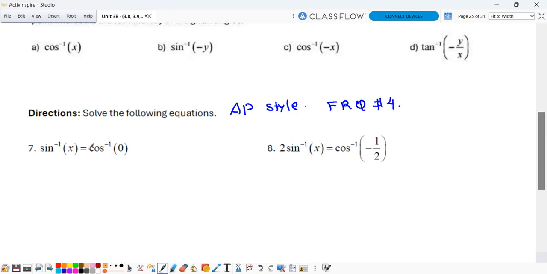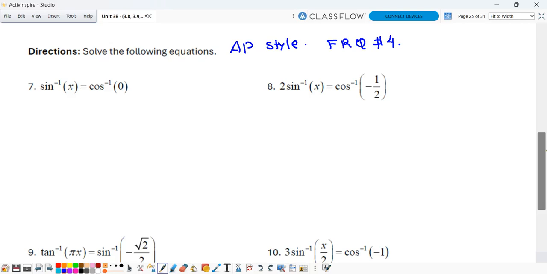Okay, so how do we do this? We have an inverse on both sides. What's the approach here? What we have to do is evaluate one side first. What is cosine inverse of 0? So go to the side. Cosine theta is 0. What's theta? It is pi over 2. Then bring it back here: pi over 2 equals sine inverse x.